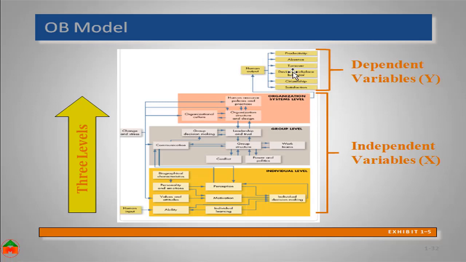So these are the variables that can be used as the dependent variable that were discussed in the previous slide. To manage the organization successfully as a manager, you have to understand the behavior of the people. If you can understand the behavior of the people, you can manage them successfully by motivating and controlling them to achieve the goals of the organization.